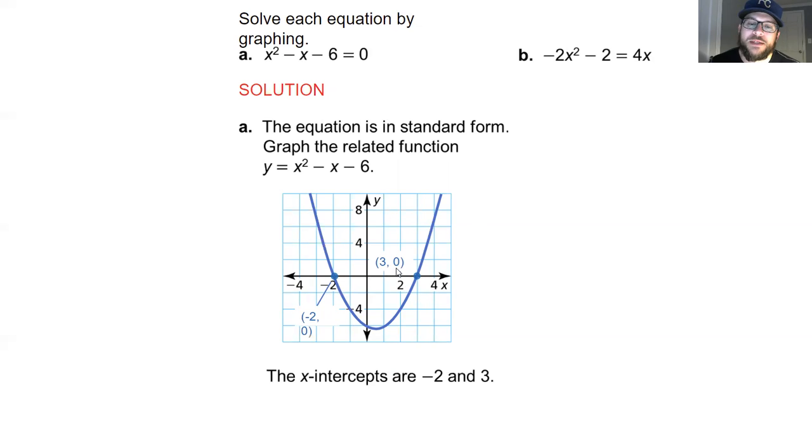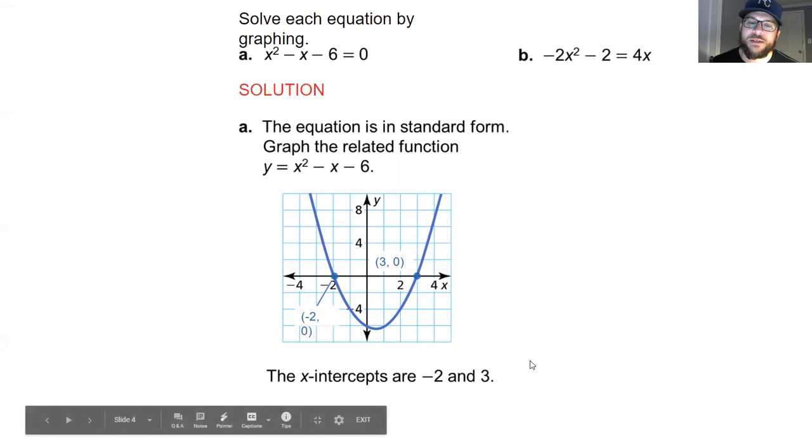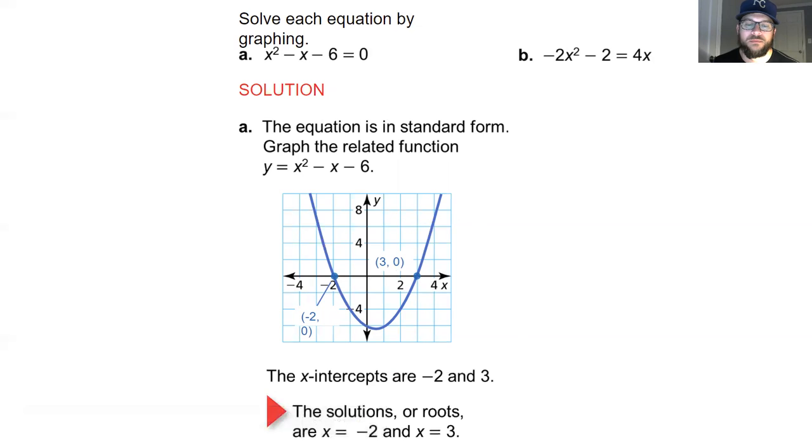You don't need to put the entire coordinate. All you need to do is put the x values of where the graph crosses, and those are solutions to your quadratic equation. Again, I may say the word roots a couple times. You may hear other instructors say roots or zeros. So solutions, roots, zeros all mean the same thing.